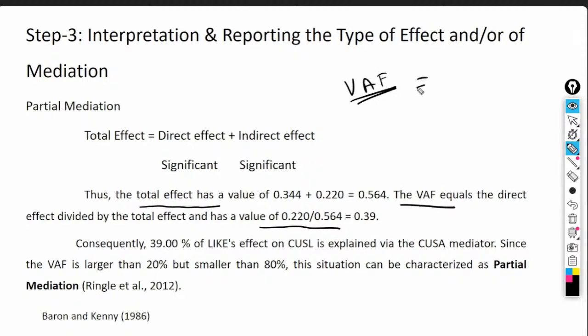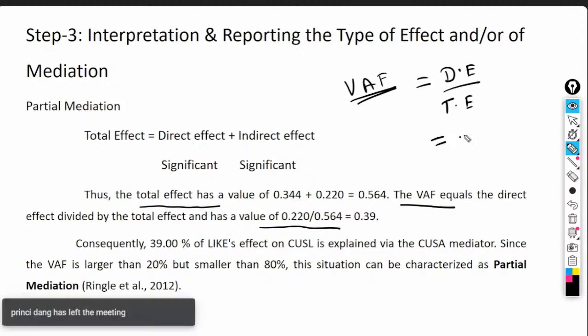VAF equals the direct effect divided by the total effect. The direct effect is 0.344 and the total effect is 0.564.